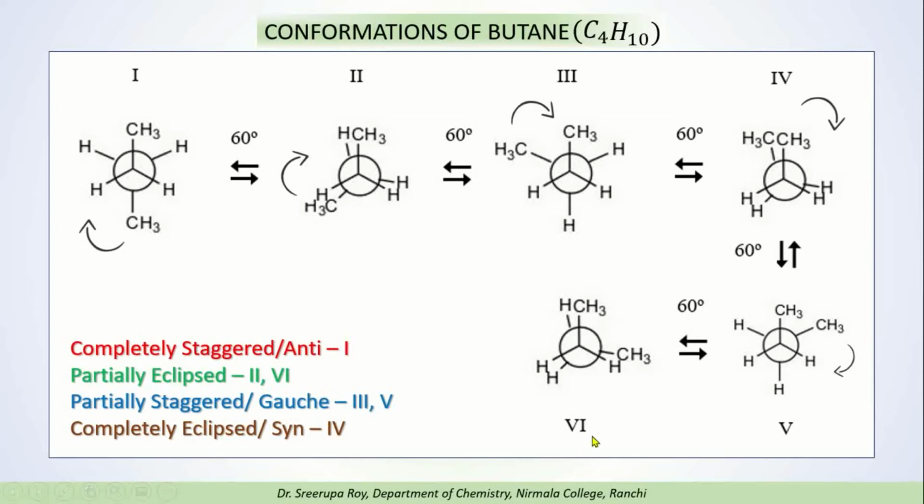This conformation 6 is similar to the conformation 2nd, that is, these two are the partially eclipsed conformations. So, although a complete rotation about the carbon-carbon single bond generates 6 conformations, actually there are 4 conformations of butane, that is anti, partially eclipsed, gauche, and the syn forms.